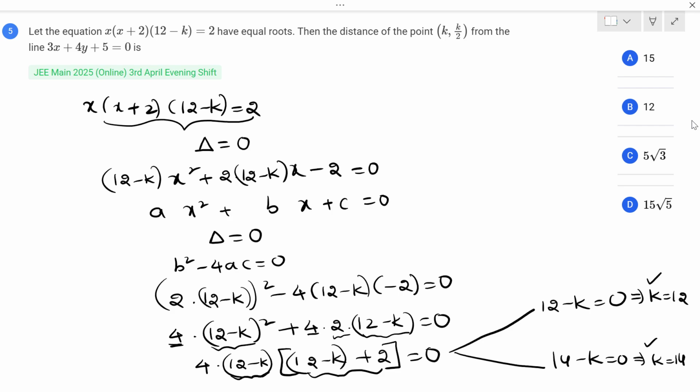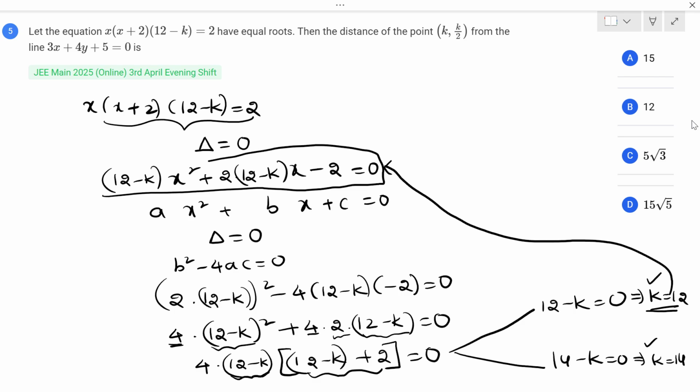Let me understand whether one value of 12 and 14 is correct, or both are correct, or none of them are correct. Now let me understand that if I put k is equal to 12 in the original quadratic equation, that is in the box, what happens to the quadratic equation? I can clearly see that if I put k is equal to 12, 12 minus 12 into x square, that is 0 into x square.